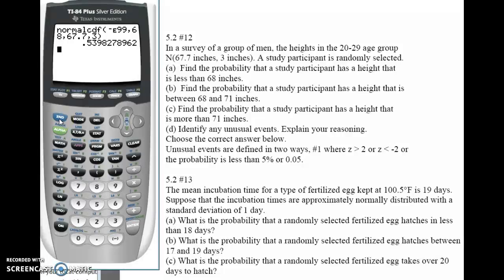Next one, find the probability that the study participant has a height between 68 and 71 inches. So second VARS, normal CDF, 68, comma, 71, comma, 67.7, comma, 3.